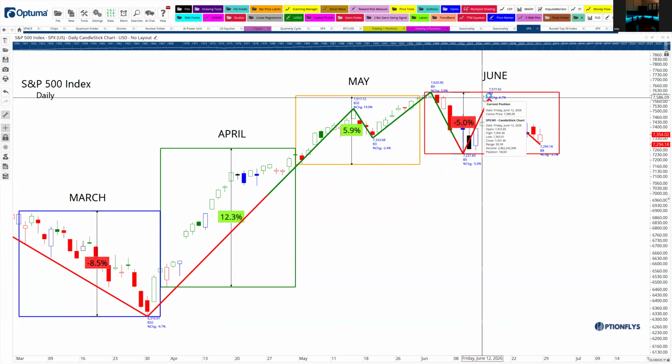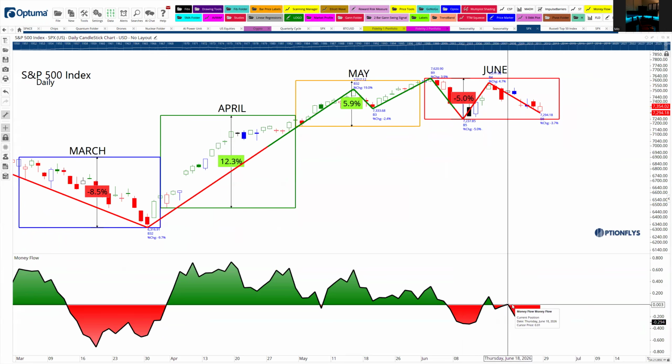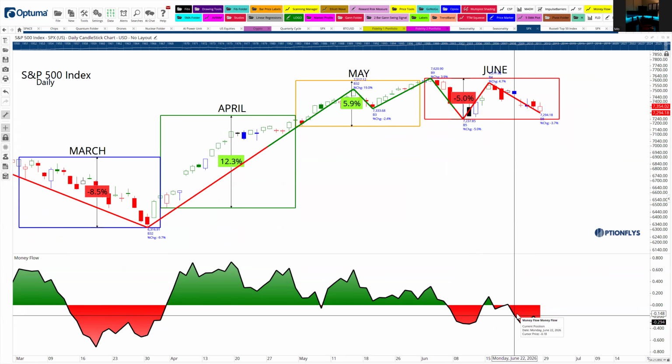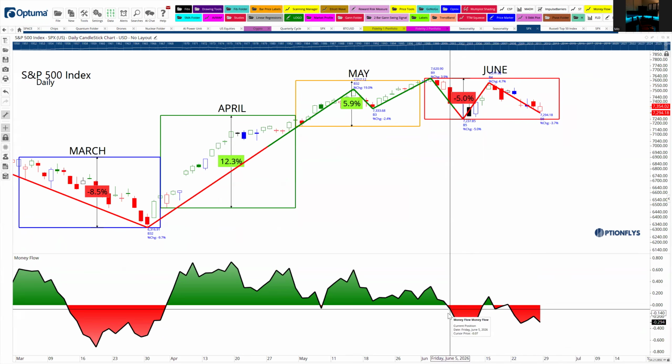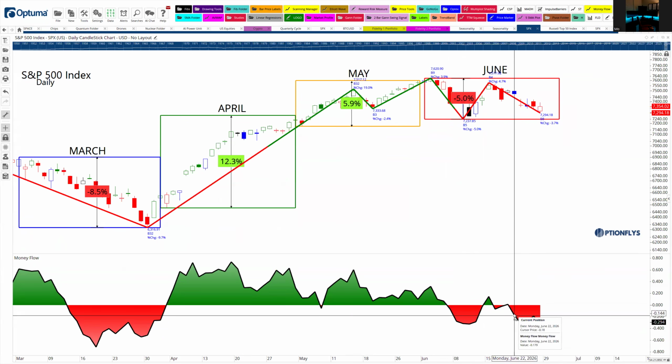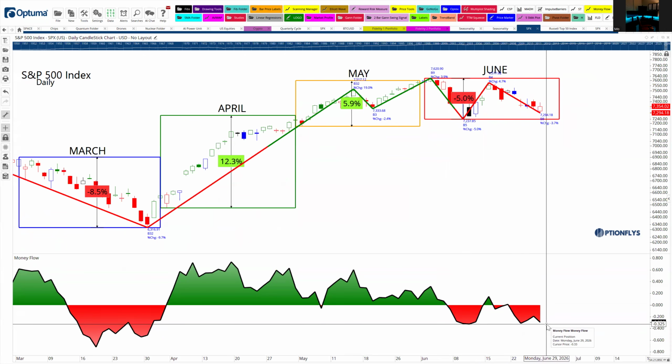So from here, when you have a loss of momentum, say the money flow is struggling, once the money flow stays red, it can stay red for whatever time.